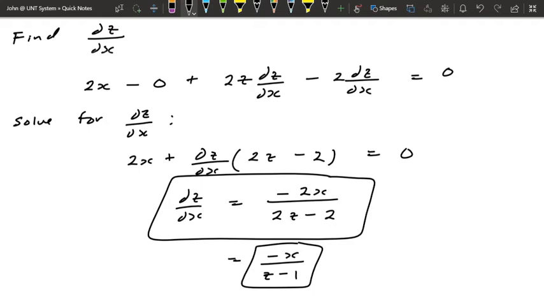Then we had this important theorem, which basically said that the mixed partial derivatives are equal.